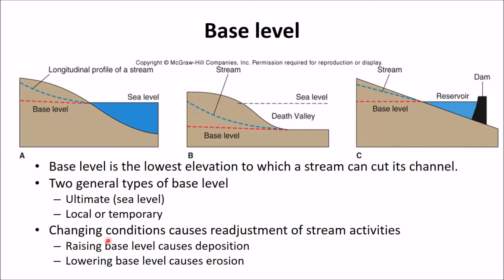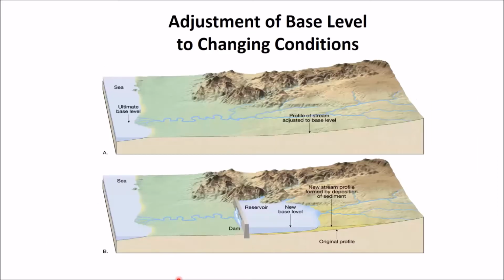And here are some of the conditions that cause a change of the stream activity, like rising the base level and lowering the base level. When the base level rises, then deposition occurs. But when the base level is lowered, then vertical erosion will occur. And here to illustrate how the temporary or local base level is created.